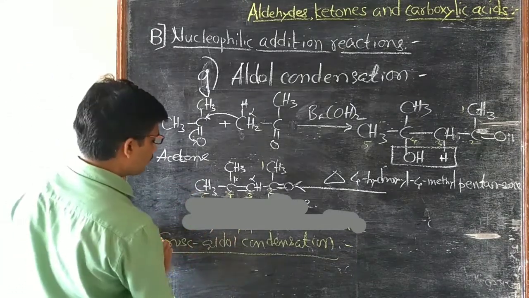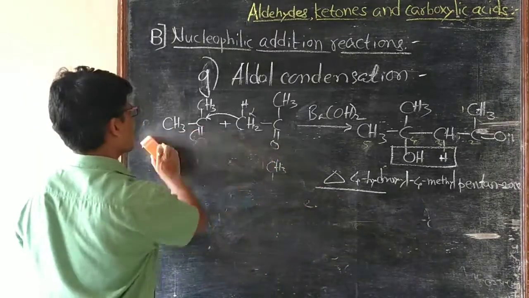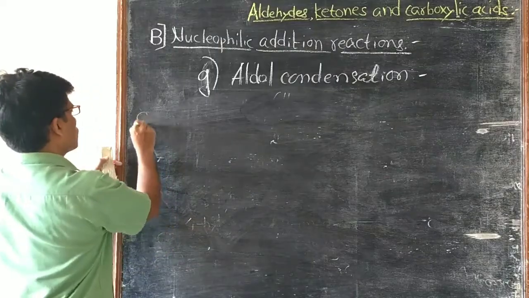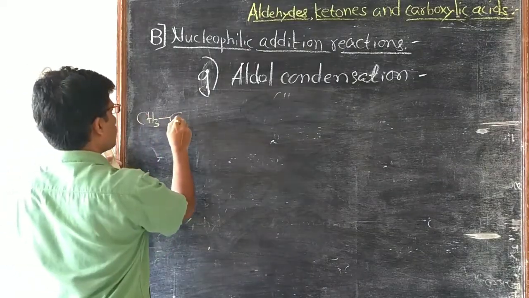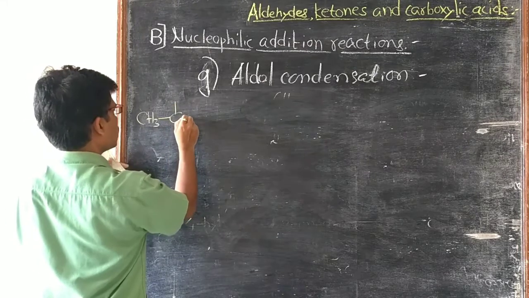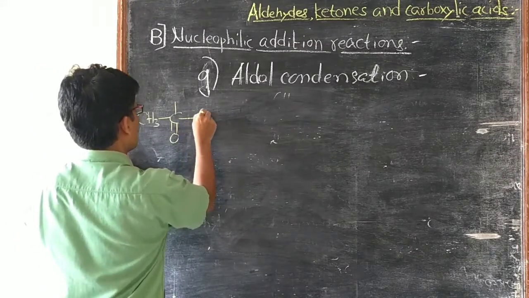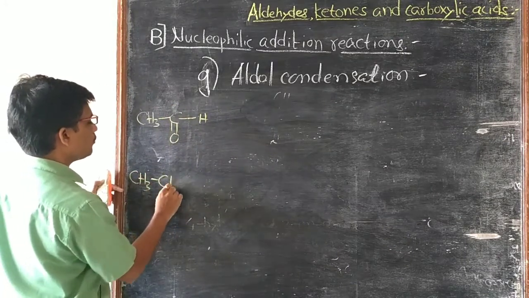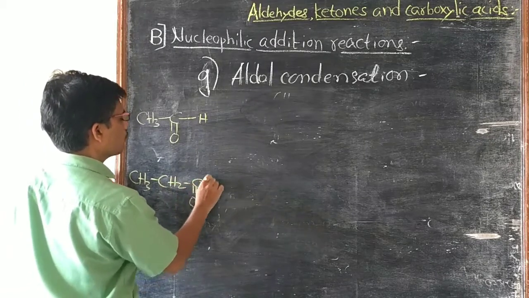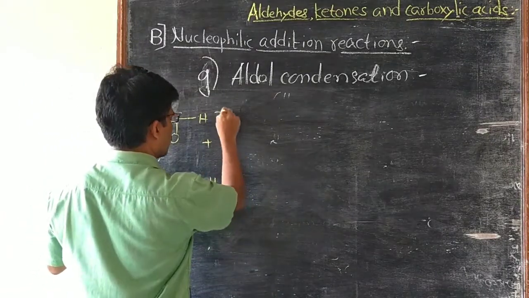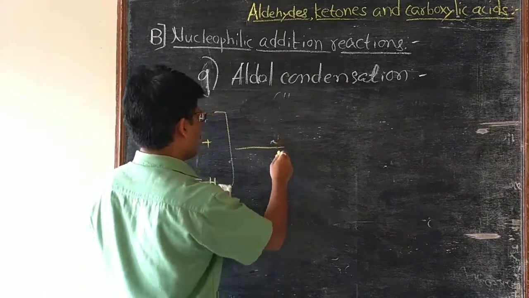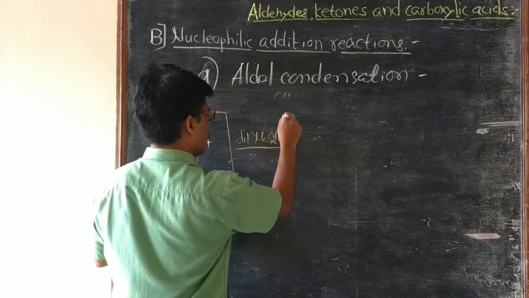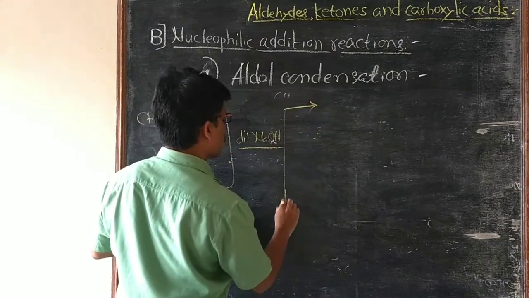For example, a mixture of ethanal and propanal, when treated with dilute alkali, that is dilute NaOH, gives a mixture of 4 products.